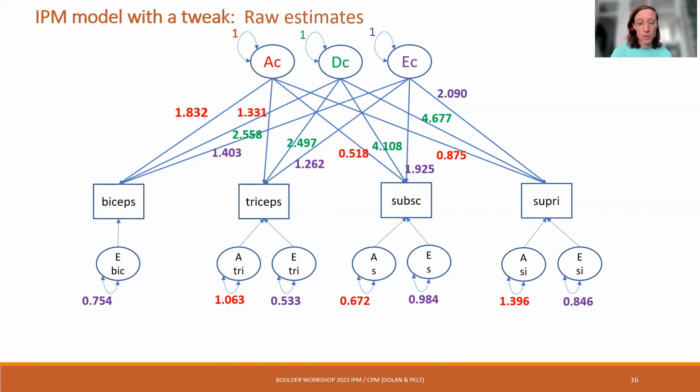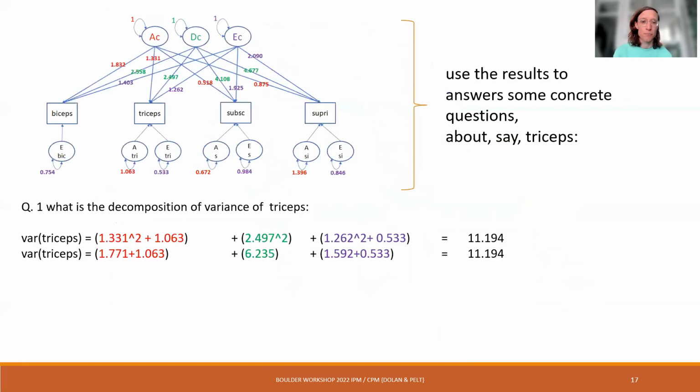Of course, we can standardize them by simply dividing them by the total variance of each of the phenotypes, which I will do on this slide for the triceps phenotype. So let's start with the additive genetic effects in red.